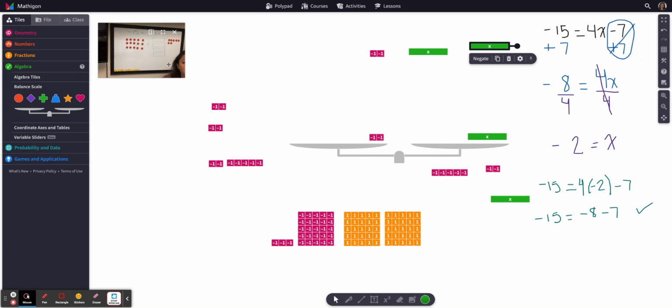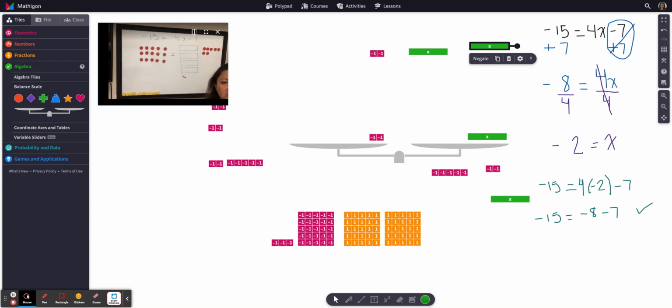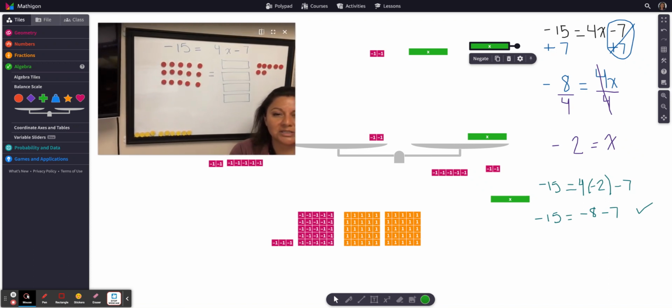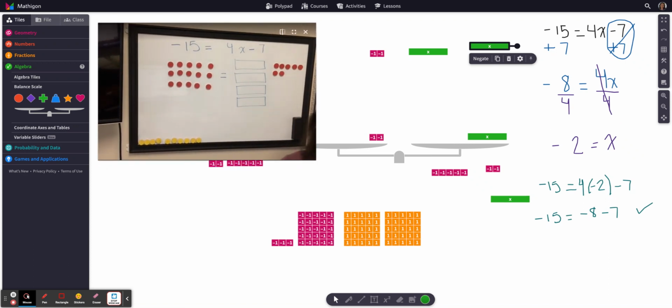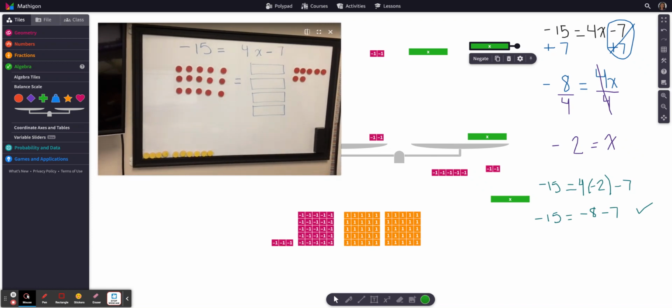Another way in which we can work this problem out is using manipulatives. Here we go. So I drew here my 4 boxes, and you guys know that I like to use boxes to represent the variables, and it means that each one of these boxes has the same amount of items inside. So on the left side, I have negative 15 counters.